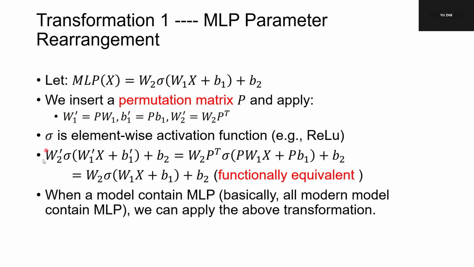But we can find that actually the output, the functionality, is exactly the same. When our models contain MLP, we can use such transformations to change the parameters. And basically, all models contain such MLP modules, which means such a transformation can be widely used.